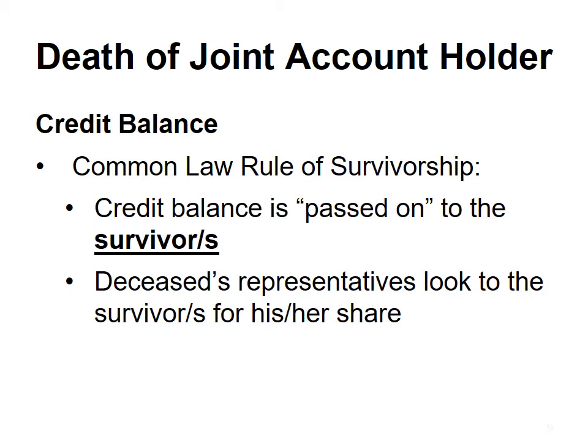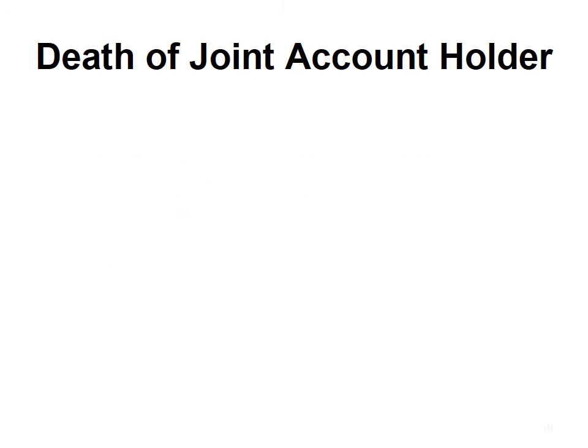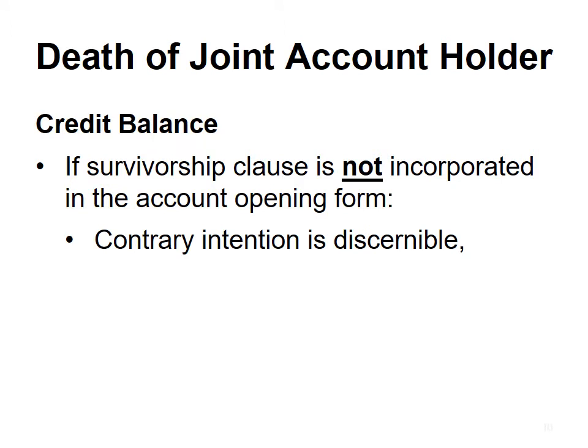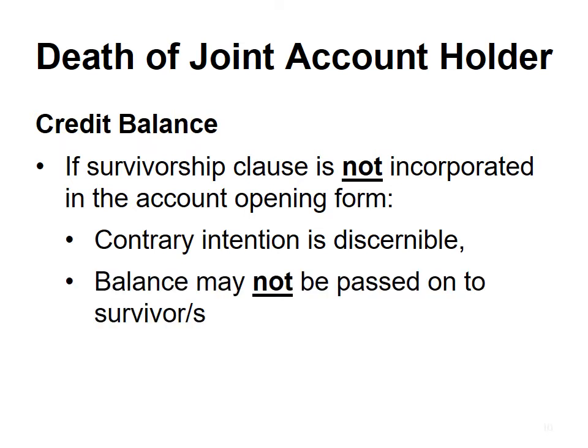The deceased's representative can look to the survivors for his or her share. If the survivorship clause is not incorporated in the account opening form, and contrary intention is discernible, the balance may not be passed on to the survivors.